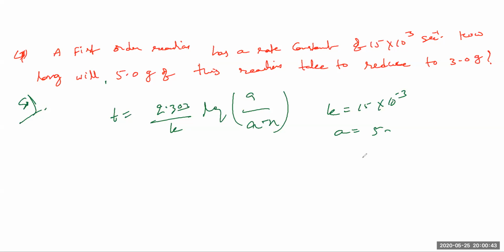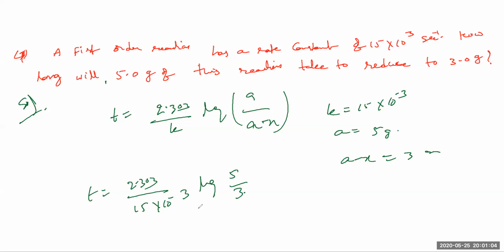A minus X is equal to 3 grams. So T is equal to 2.303 by 15 into 10 power minus 3 into log of 5 by 3. So log 5 means 0.699 minus log 3 means 0.477.